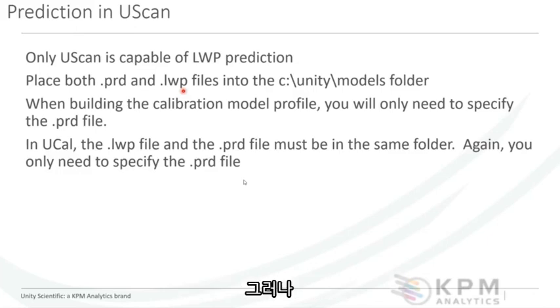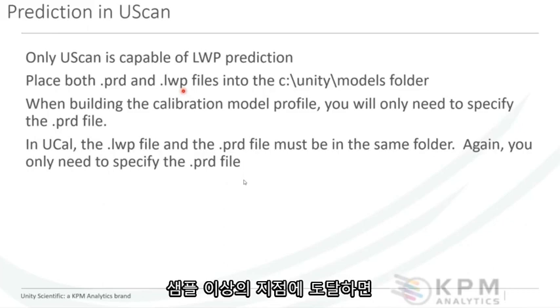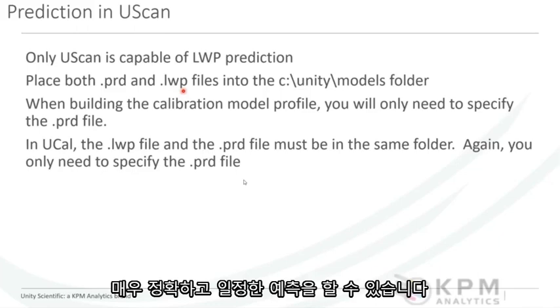But once you get to a point above 700, 800 samples, especially if you've got a lot of sample variation that you're trying to explain, wide-ranging product type, locally weighted regressions can provide you highly accurate, very accurate predictions.